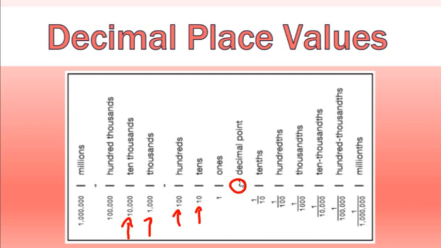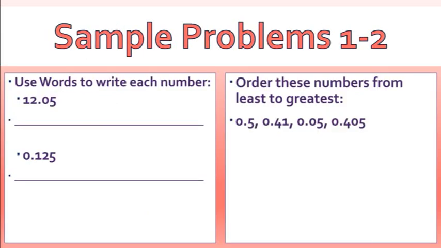But to the right we have our tenths place, our hundredths place, 1,000th place, 10,000th place, 100,000th place, and millionth place. So we are going to be able to write our decimals and also be able to read them properly as well. So let's look at some sample problems.